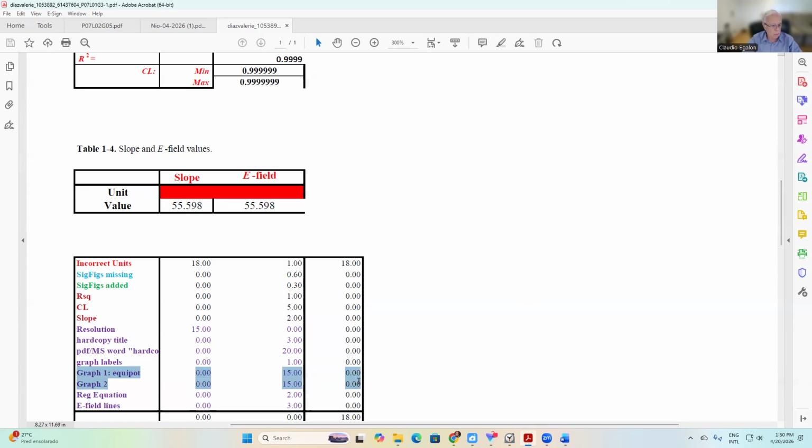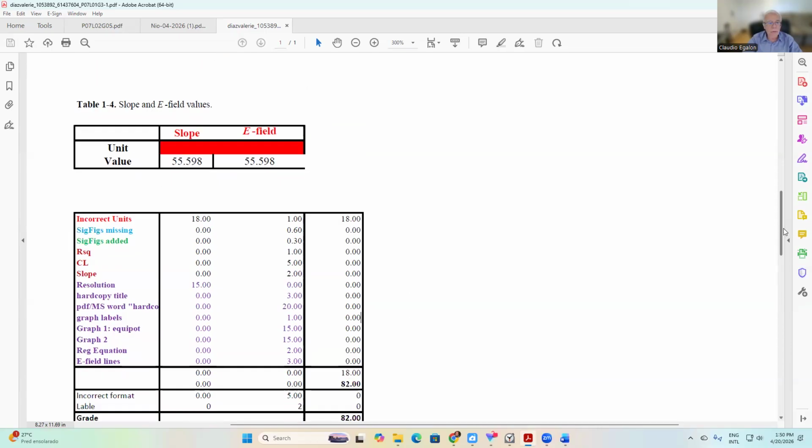I have yet to write a computer program to correct the graphs automatically. And what else? The graph labels, right? You have to put the graph labels there. The title of the graph and the units, that's what I call the graph labels. Okay. So that's what you have to know, okay?